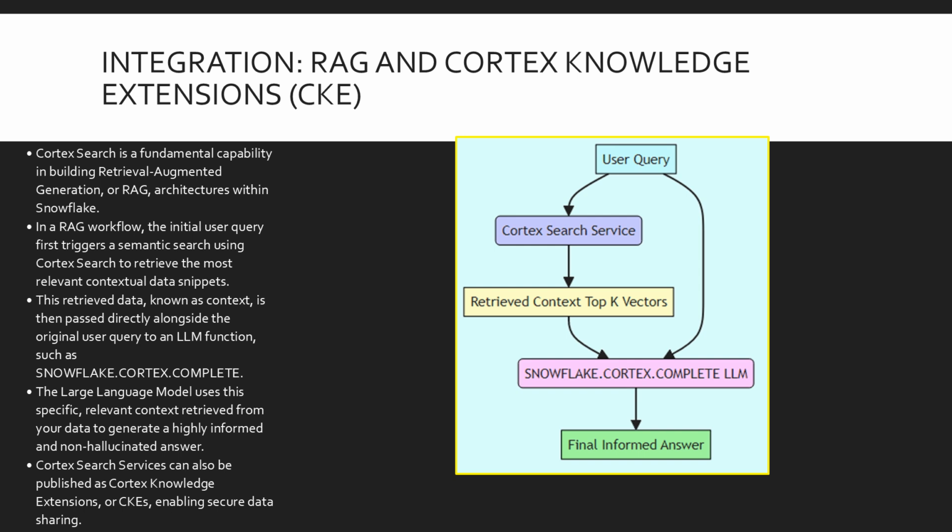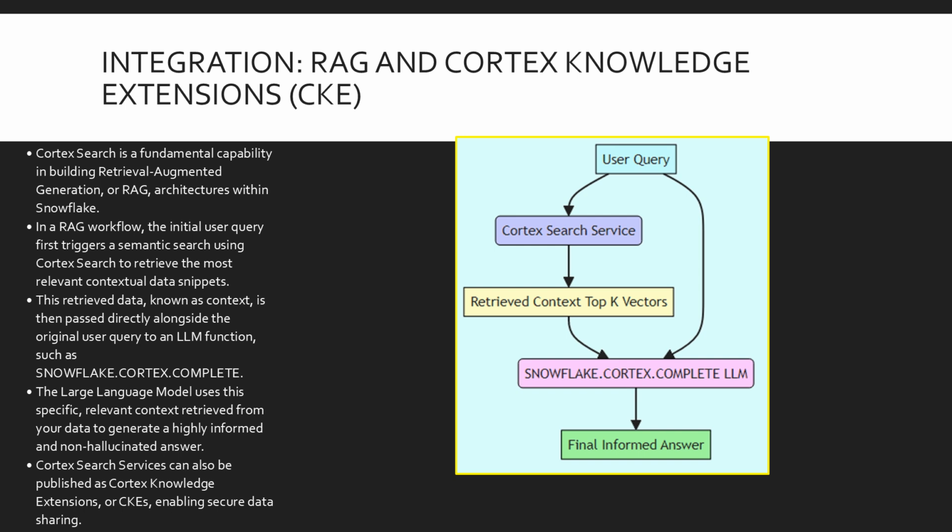By having access to this highly specific and contextually relevant information retrieved from your proprietary internal data, the large language model is uniquely positioned to generate an extremely informed, precise, and reliable answer, significantly mitigating the common risk of factual inaccuracies, otherwise known as hallucination, inherent in using general-purpose LLMs.